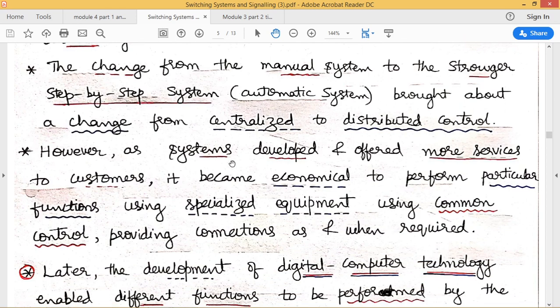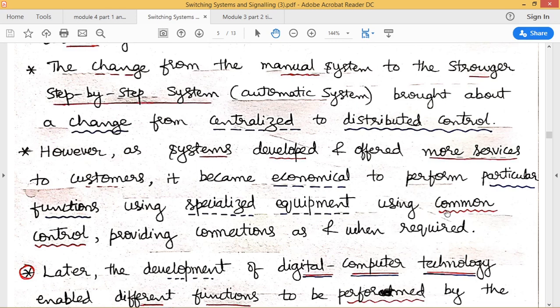However, systems developed and offered more services. In coming days, we observed development in systems, and a system was able to provide a larger number of services to its customers, and it became economic to perform particular functions using specialized equipment. Generally, different operations are performed by different equipment which is specially designed for performing certain operations.